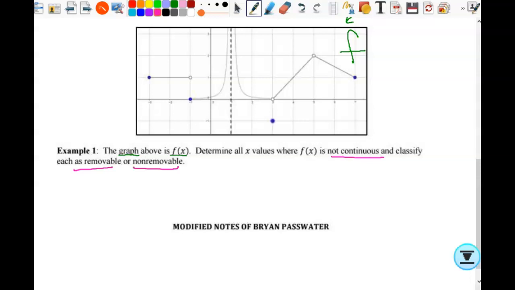What you're looking for is the x value where it is discontinuous. So you can say it's removable at x equals whatever, non-removable at x equals whatever. Good question. Yes.